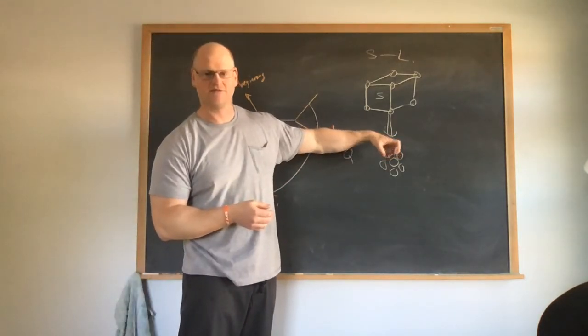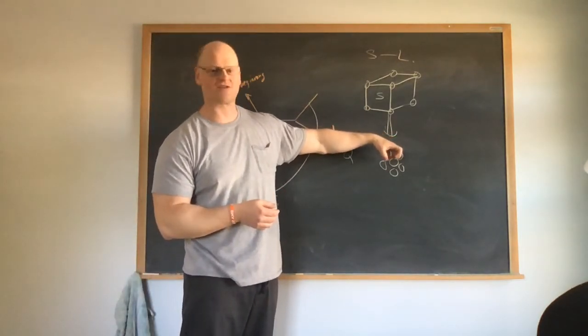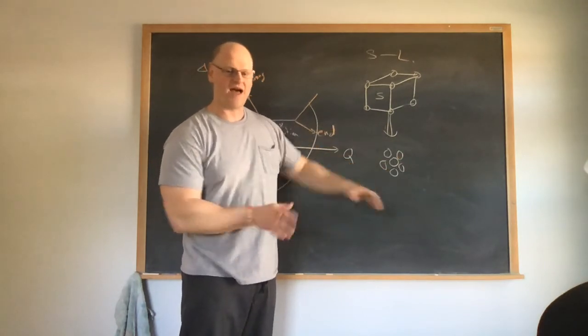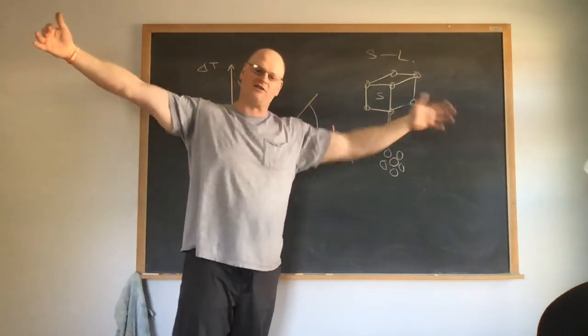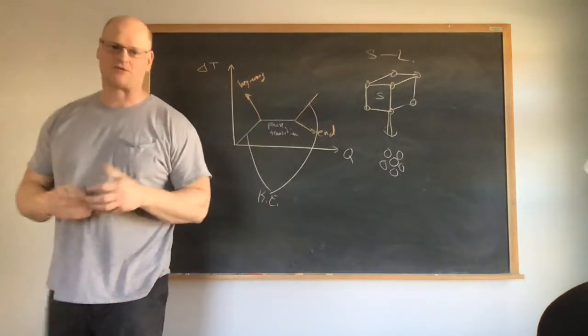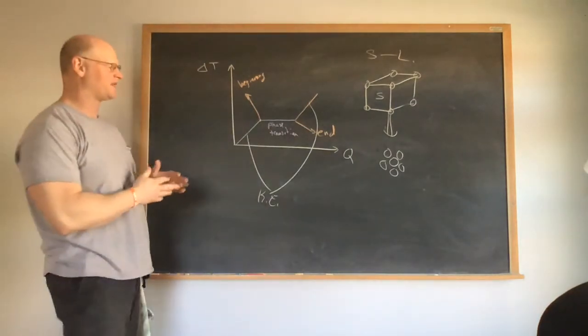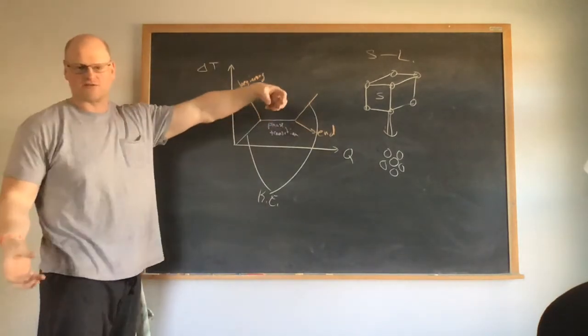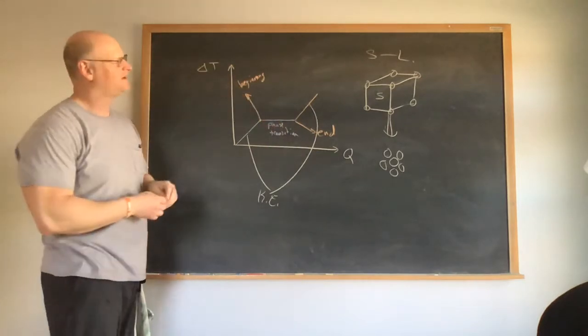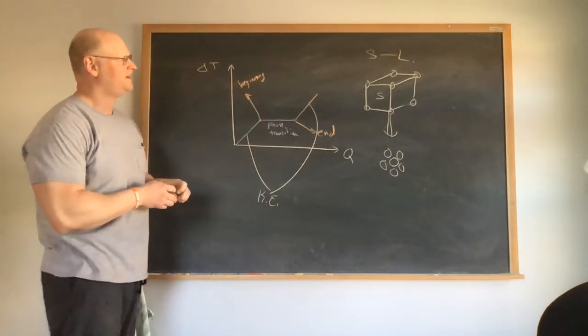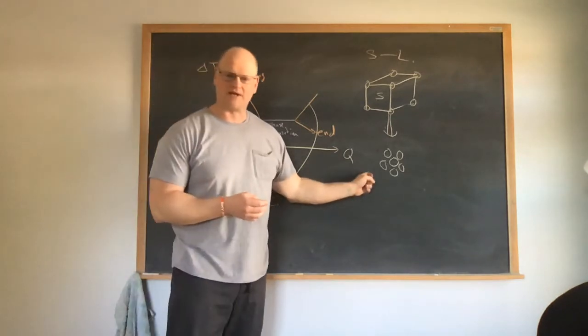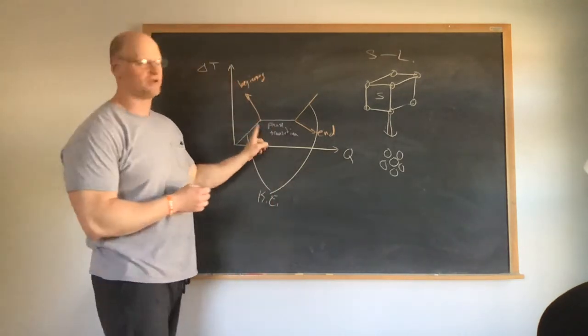There's a lot of, again, strong nearest neighbor attractions. But when I go to a gas, these guys are now really far spread out. The only thing that's usually interacting between them is gravity, or at least electromagnetic, something like that. But these are long-range forces causing these guys to, again, barely move around each other. So again, it takes a lot of energy for me to actually break these. So that's what's happening during these phase transitions.